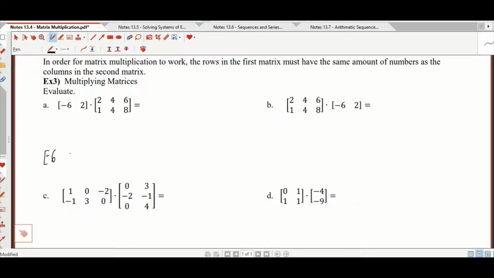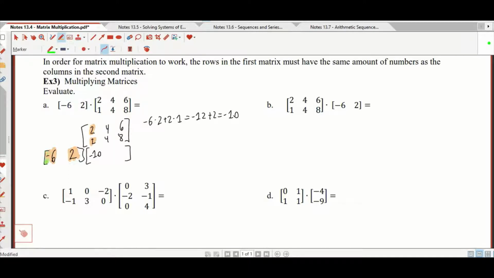Negative 6 and 2, and you put that kitty corner to 2, 1, 4, 4, 6, 8. So you can see the result is a 1 row, 3 column matrix. So here we go. Negative 6 times 2 plus 2 times 1 is negative 12 plus 2, which is negative 10.